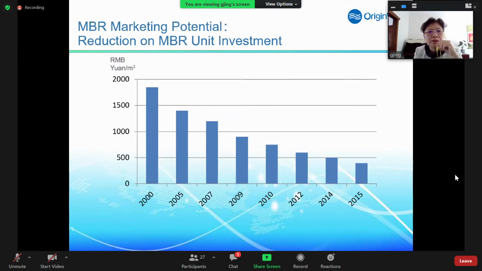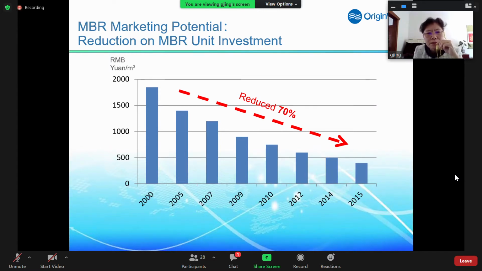We just talked about the situation in China. Here I use the Chinese yuan to measure the membrane marketing potential. Because of many applications in China, we also see many membrane production factories or companies established.